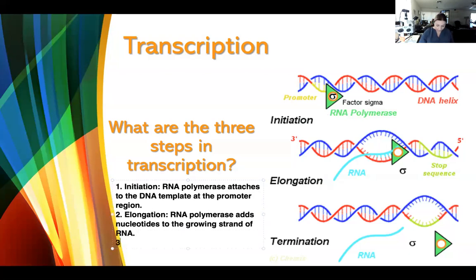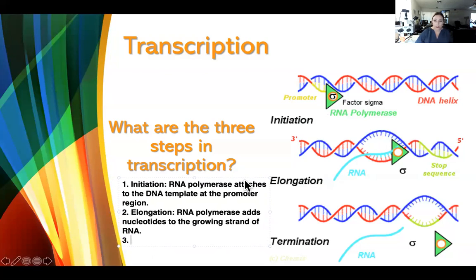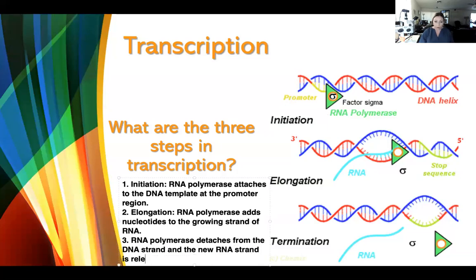Okay. And then finally, we have termination. And you can see here in the picture that everything is being released. Okay, so RNA polymerase detaches from the DNA strand and the new RNA strand is released.